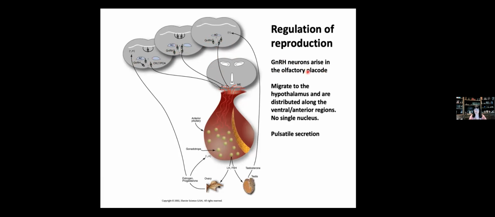I mean, it's very weird. They literally crawl out of the olfactory system and migrate to the hypothalamus, and they're distributed along these regions. So this whole thing is totally dependent on the normal development of olfaction and the olfactory system.